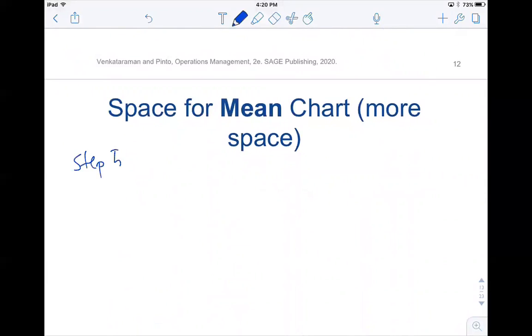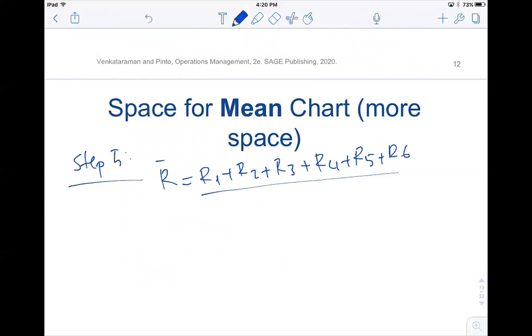Step 5 is telling me that I should calculate R bar. In this case, it is going to be R1 plus R2 plus R3 plus R4 plus R5 and R6 divided by 6. All right, what are those values? Let's figure it out.